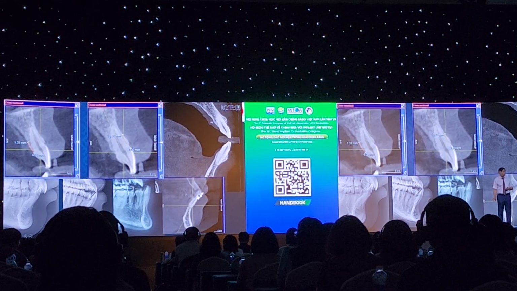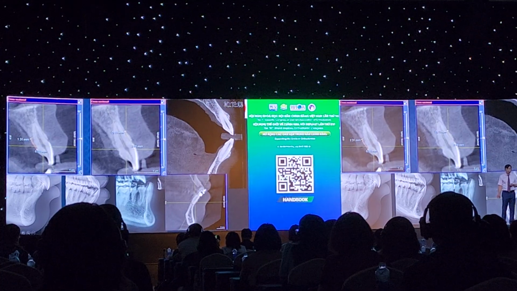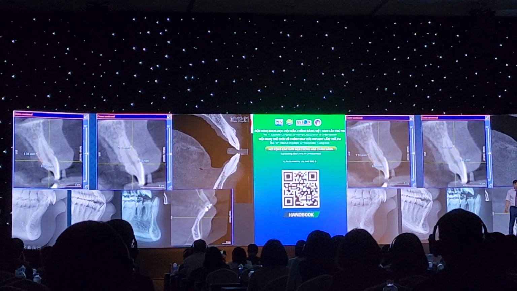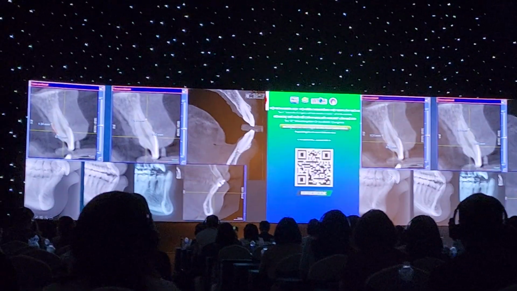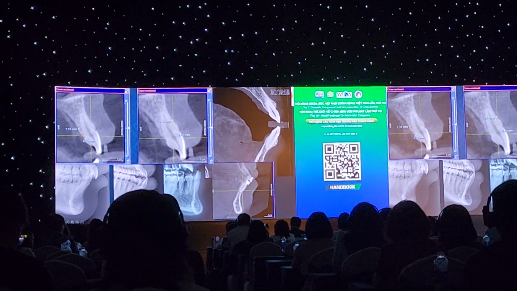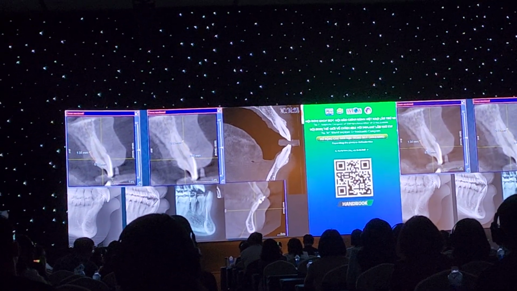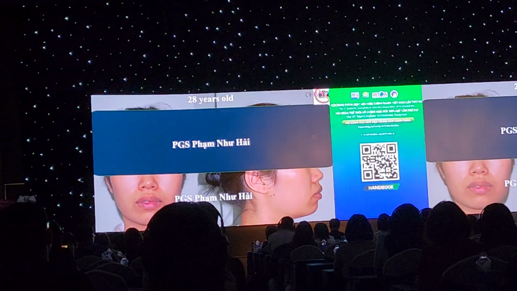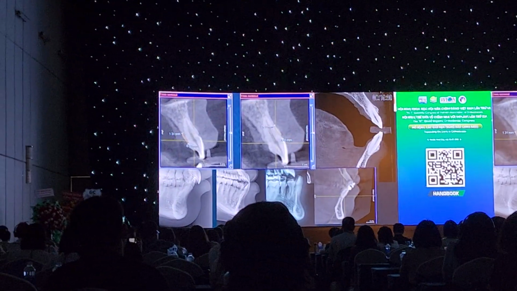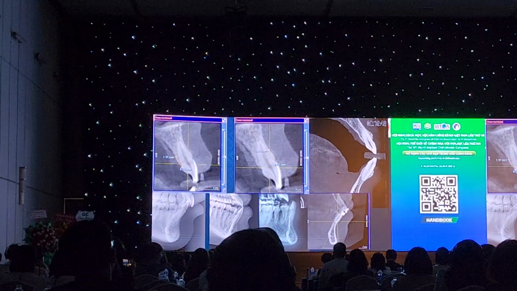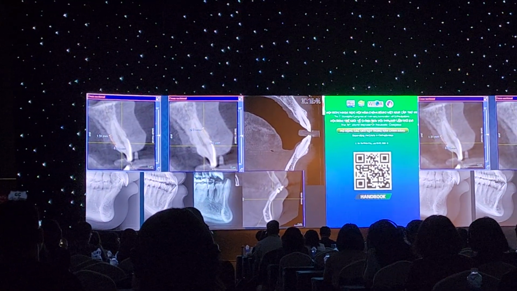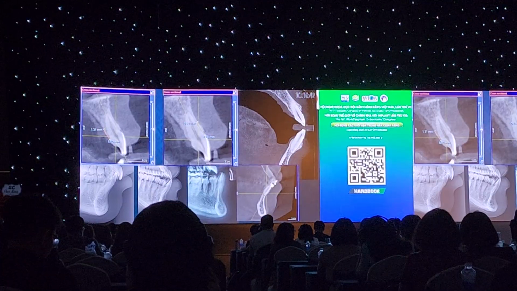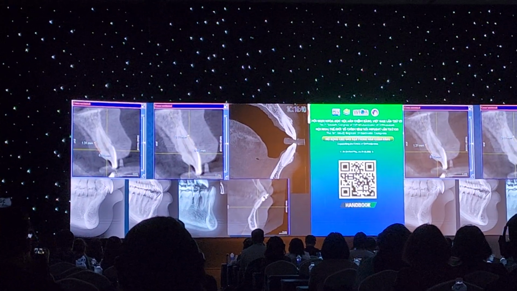But with a case like this, you see, for Vietnamese people, controlling the vertical and retracting the incisor is always the problem. How can we find the best method to control the movement of the incisor? We have a very good way.